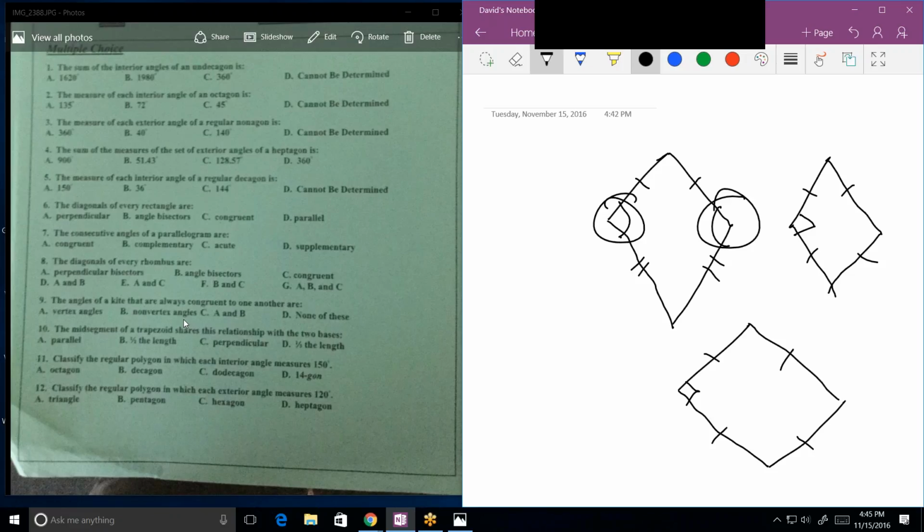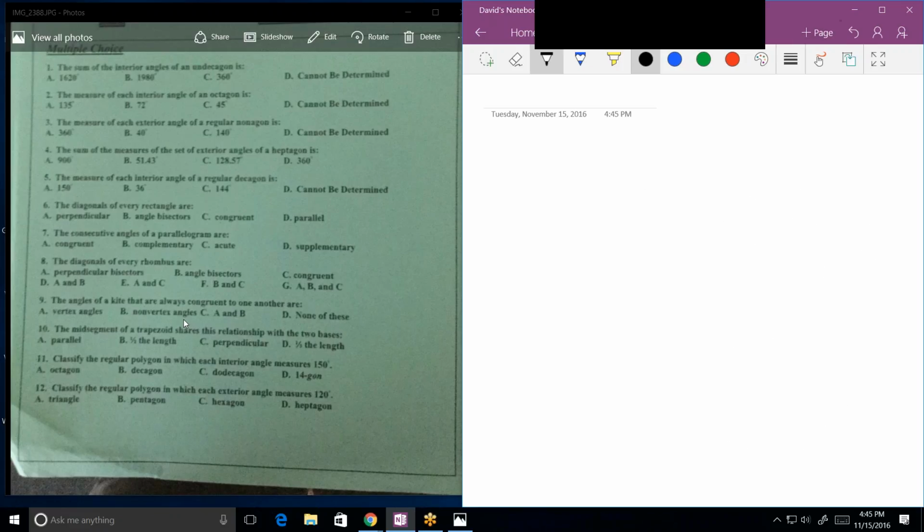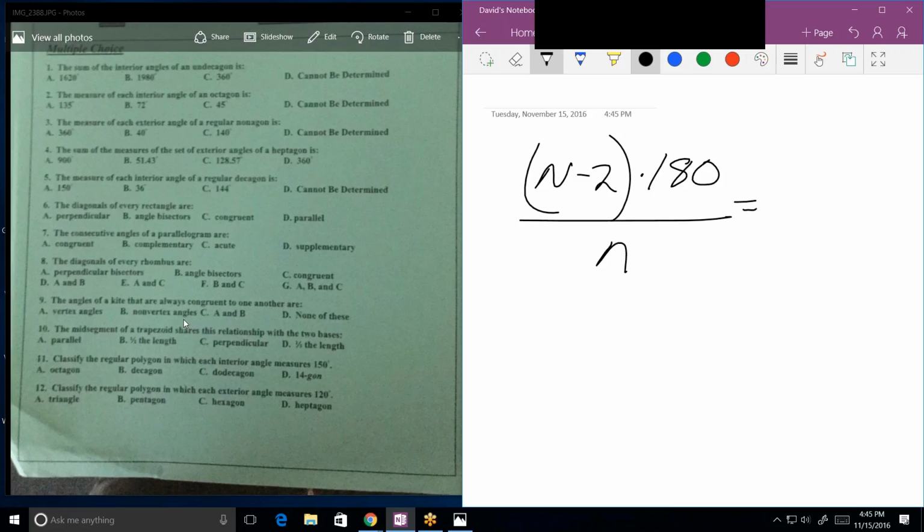Classify the regular polygon in which each interior angle measures 150. So to reverse that, just write an equation. Whenever you're not sure how to do something, write (n minus 2) times 180 over n equals 150.